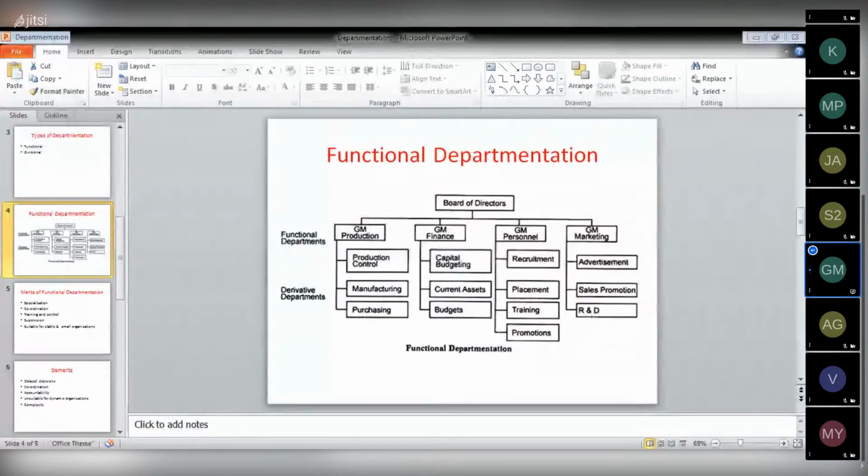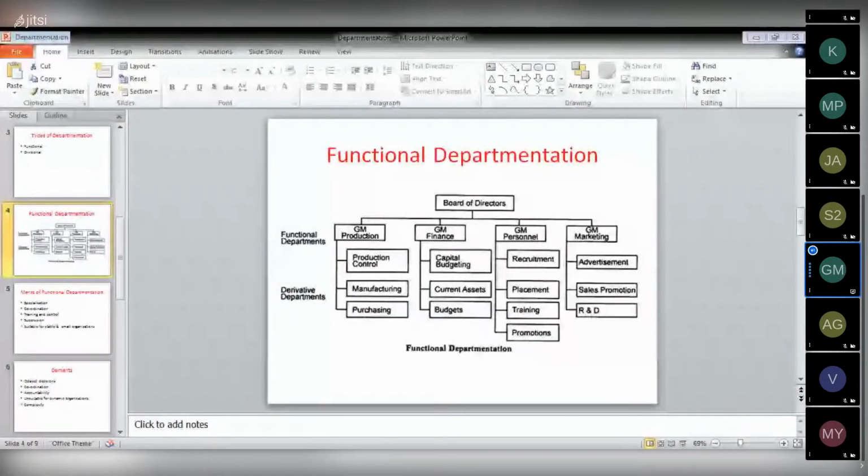So, coming to divisional departmentation. If you observe the difference between functional and divisional, divisional departmentation structures are created on the basis of smaller divisions, where each division has its own functional activities.